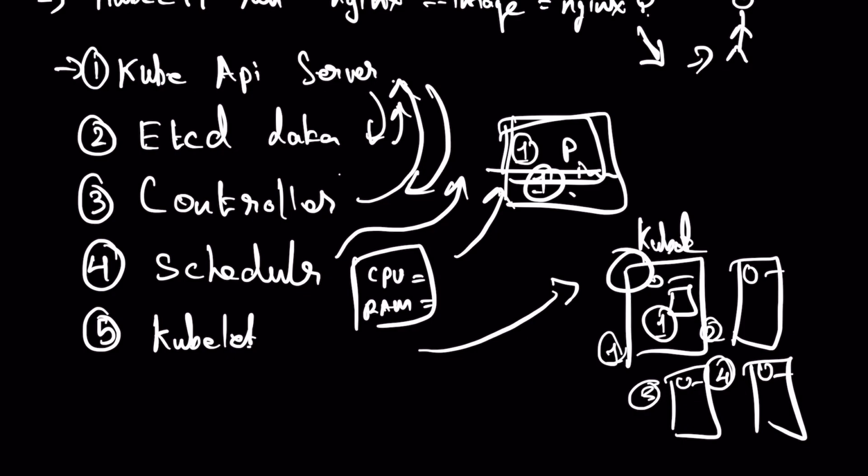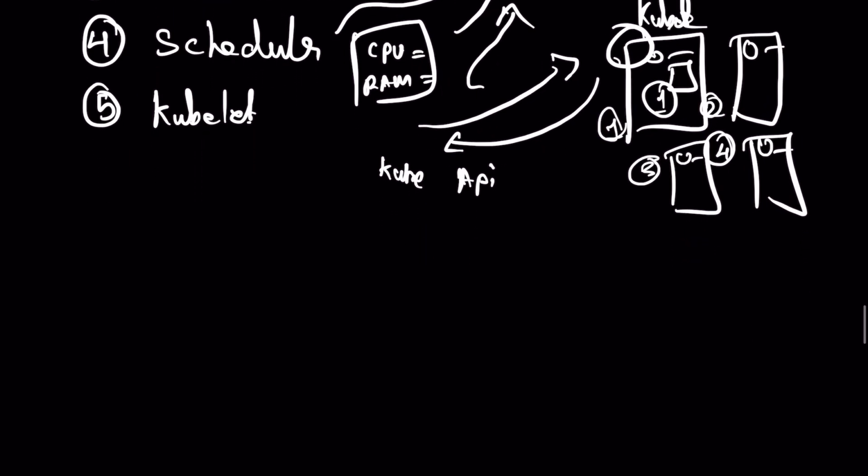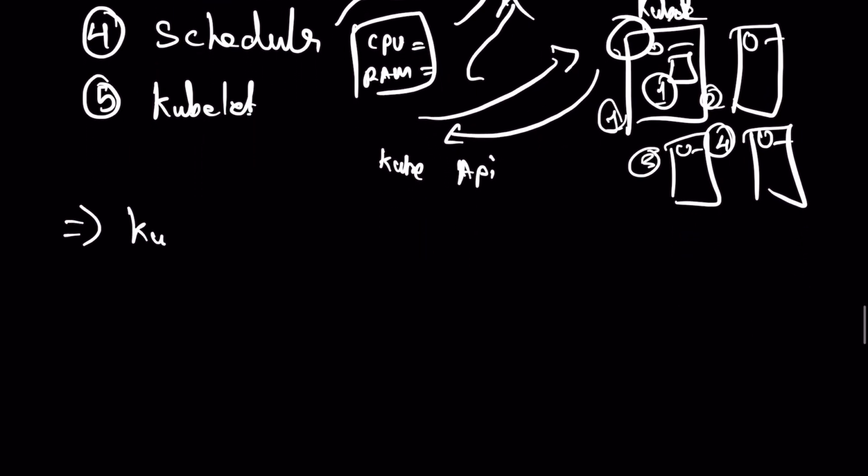And once everything is updated, kubelet will again connect with the Kube API server, telling that the pod has been created successfully, and the same information will be updated in the etcd data store, that the container creation is successful. And you can validate the request by passing in the command kubectl get pod. You would be able to see that an nginx pod is running on this cluster.